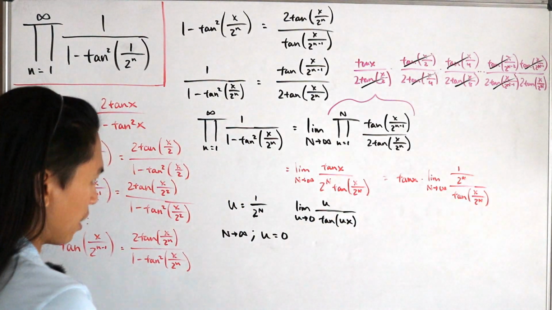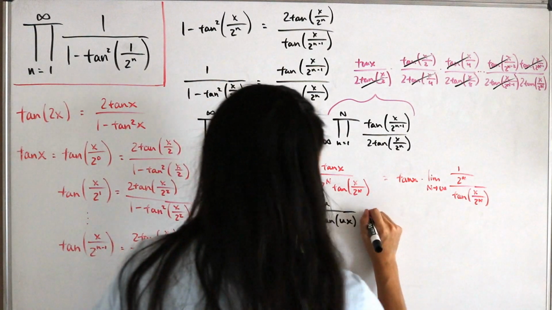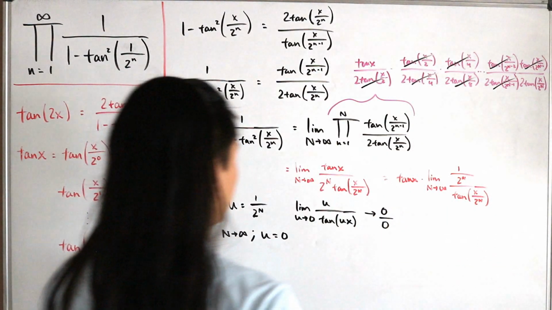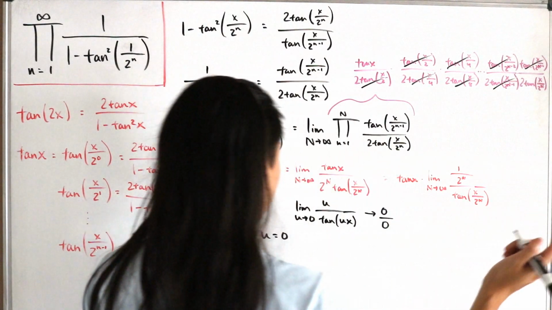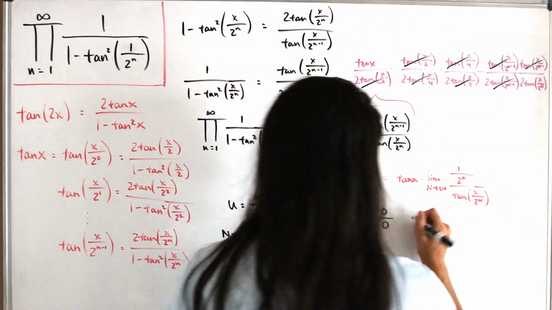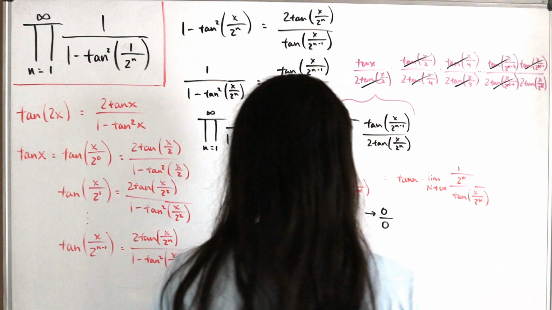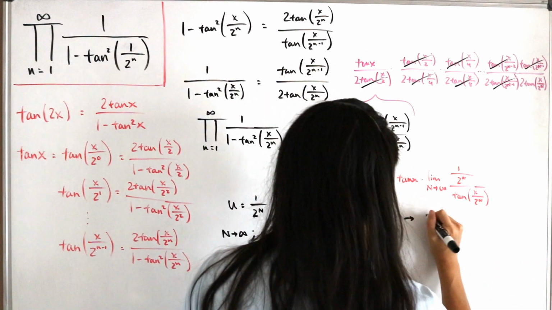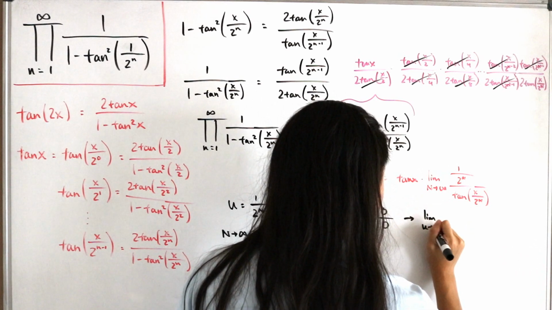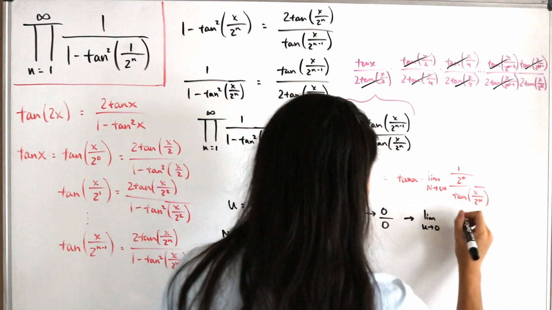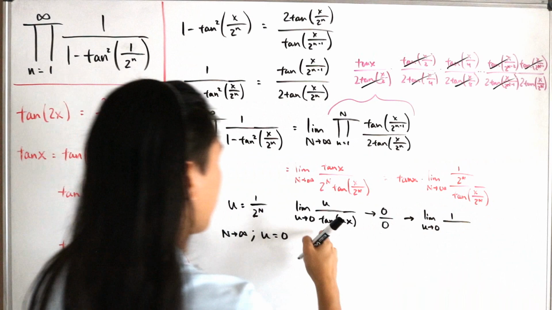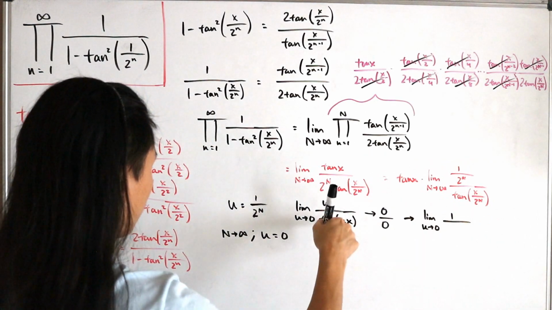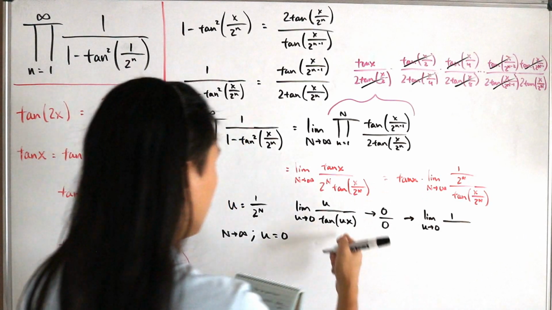Okay, so now I take that limit. What we have is a 0 over 0 indeterminate form. That means I can apply L'Hopital's rule, taking the derivative of the numerator and the denominator on its own. Now, do not use the quotient rule, be careful with that. Taking the derivative, this is the limit as u approaches 0 of 1 divided by the derivative of tangent, which is secant squared of ux, and then take the derivative of the inside, which is just x with respect to u.